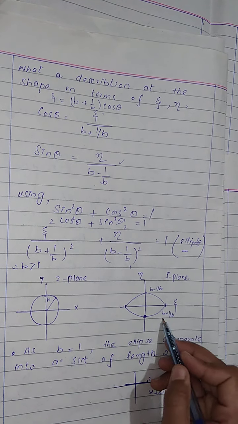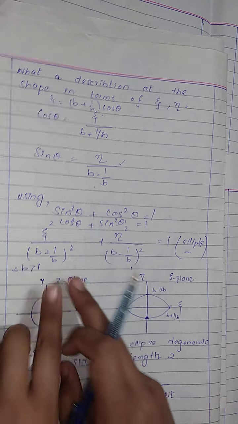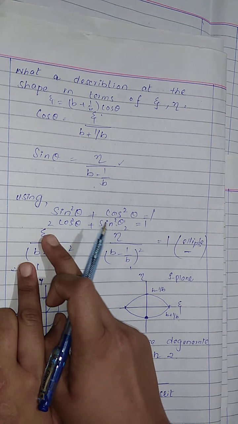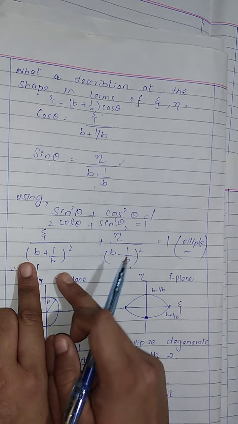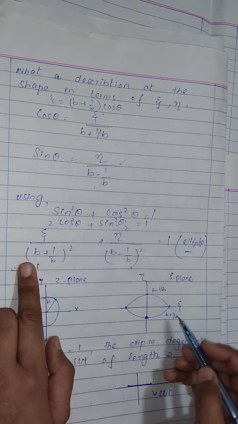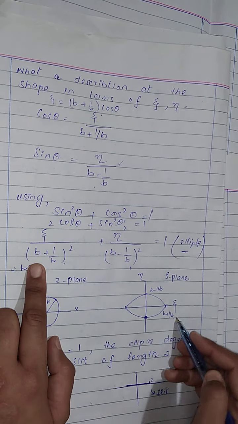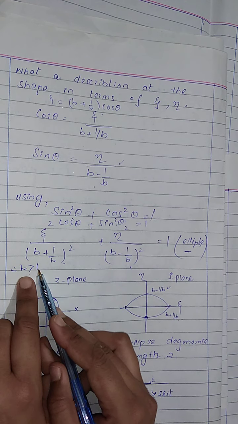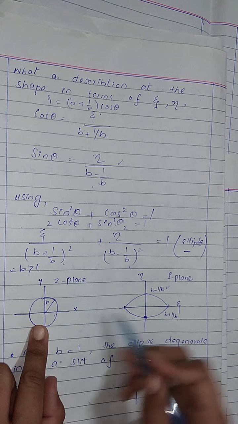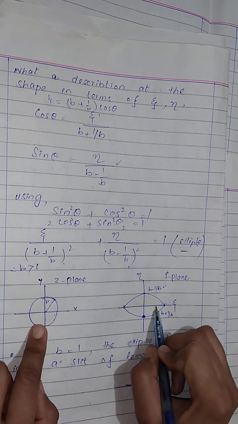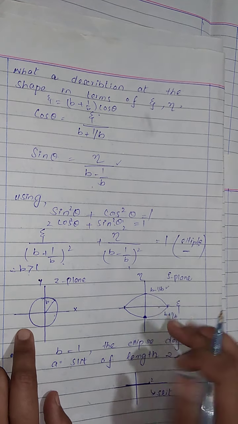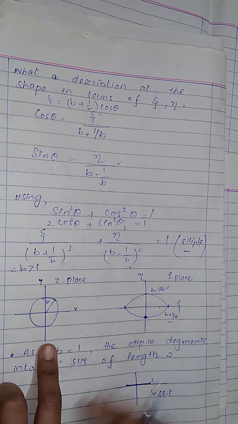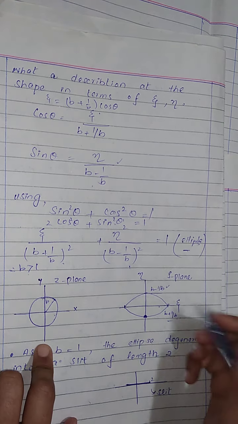So b plus 1 over b, because xi is along the x-axis and eta is along the y-axis. So we take this point along the x-axis and this point along the y-axis. When b is greater than 1, then the circle turns into an ellipse like this. We can check by putting a b greater than 1 value in this equation and drawing it.